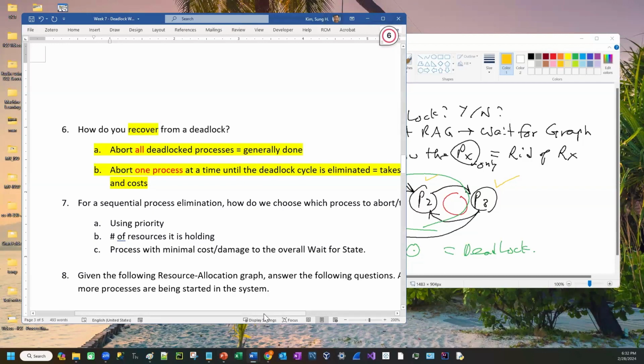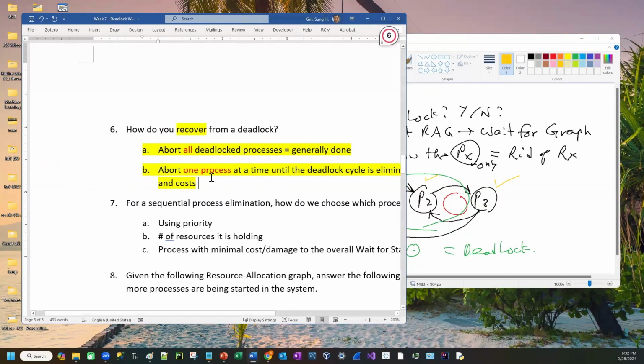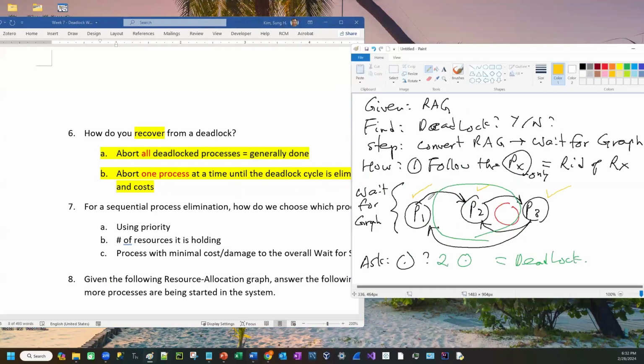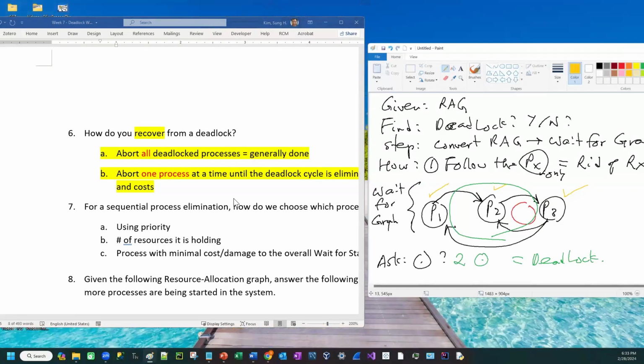So it takes time and then cost. So it might be just better to say, you know what, I'm not going to spend a lot of time trying to prevent it, and I'm not going to spend a lot of time trying to recover and figure out which one's the best way. I'm just going to restart.